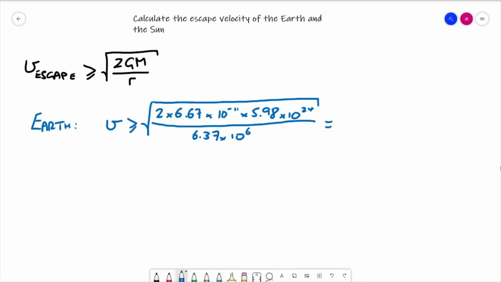Once you plug all that in and do a little tweaking with the SI prefixes, the way I would write that would be 11.2 kilometres per second.